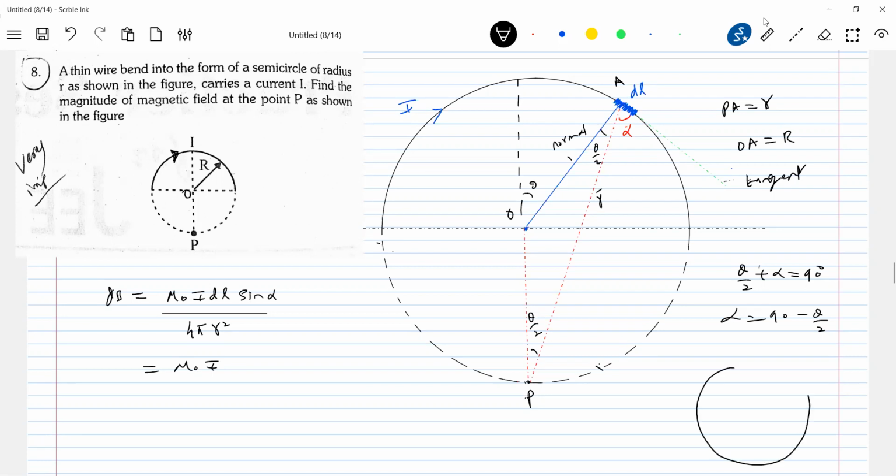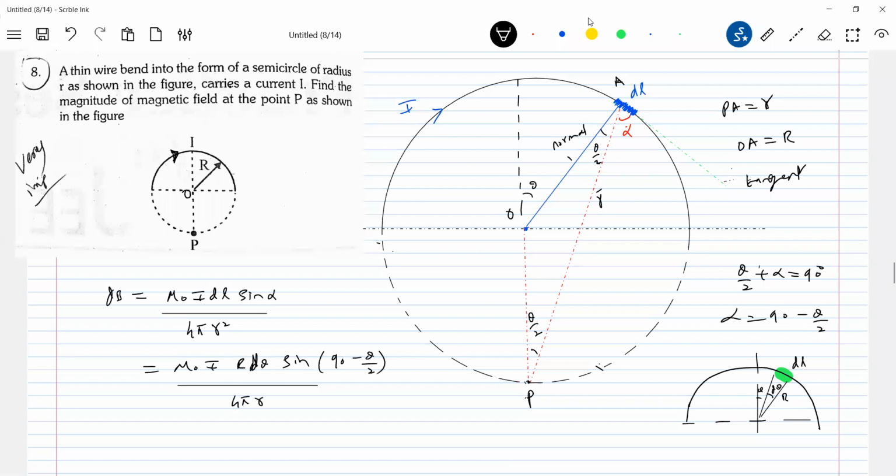I'll draw one more circle. This is what? dl equal to, from looking at this, dl is R d theta. Sine of alpha is sine of 90 minus theta by 2, 4 pi r squared.